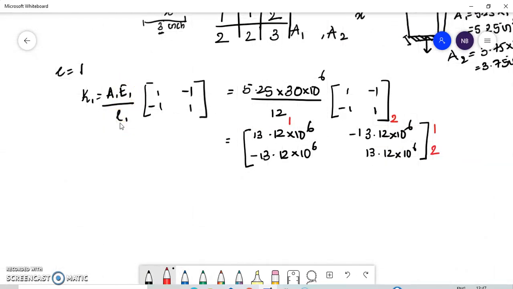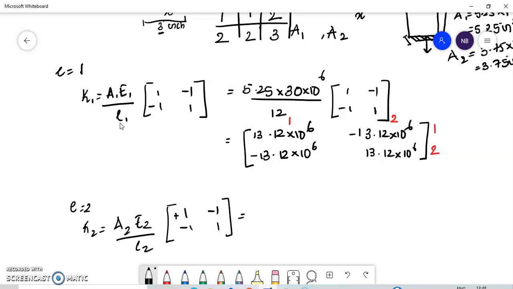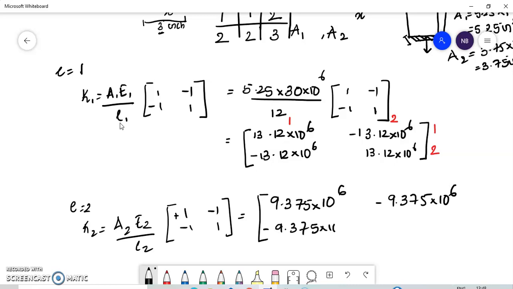The same way we find out K2 for element 2, and on substituting all the values, we get this matrix. Again, writing the degrees of freedom, this will be 2, 3, 2, 3.